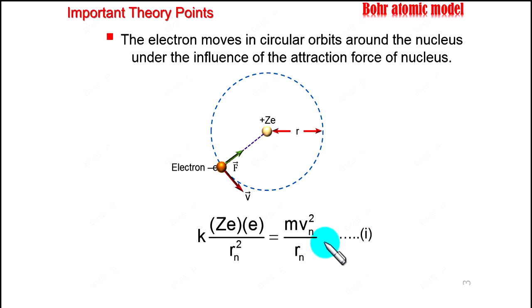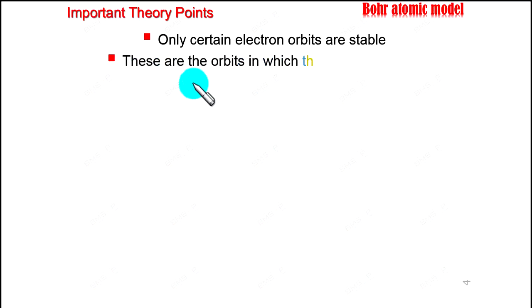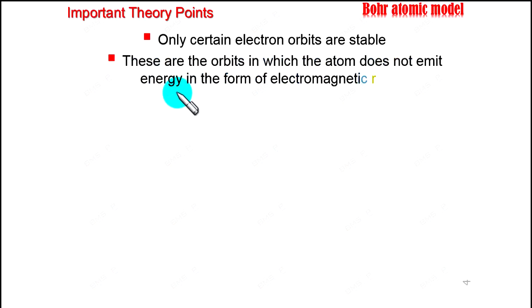And the second point: only certain electron orbits are stable, and these are the orbits in which the electron does not emit energy in the form of electromagnetic radiation. That means when the electron is orbiting in these stable orbits, it does not emit any electromagnetic energy.